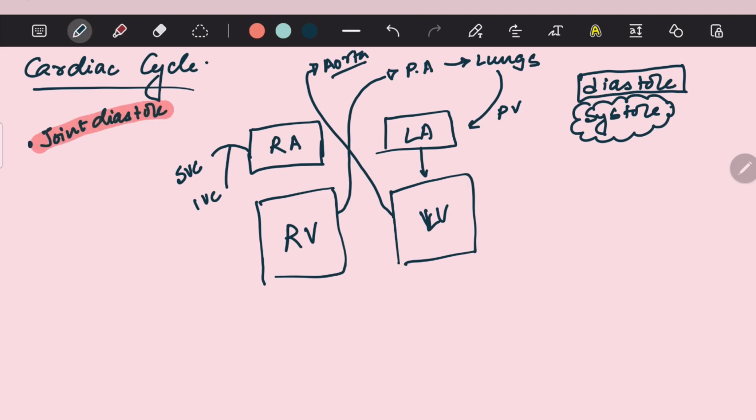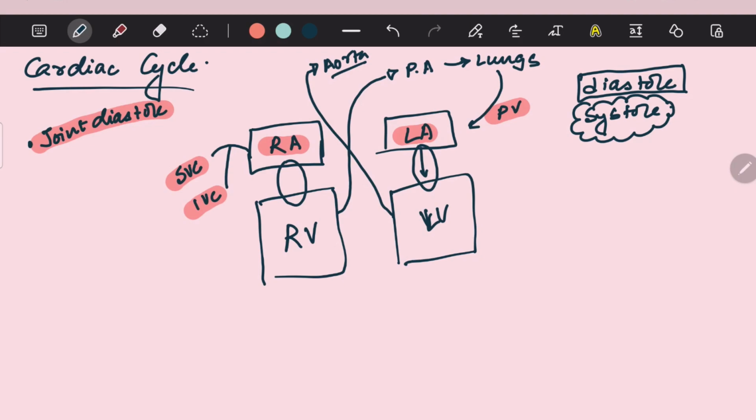Then what happens is the deoxygenated blood through the superior vena cava and the inferior vena cava comes to the right atrium. Simultaneously, the oxygenated blood through the pulmonary vein comes to the left atrium. Now, the two valves open. Which are these two valves? The tricuspid valve between the right atrium and the right ventricle, the bicuspid valve between the left atrium and the left ventricle.